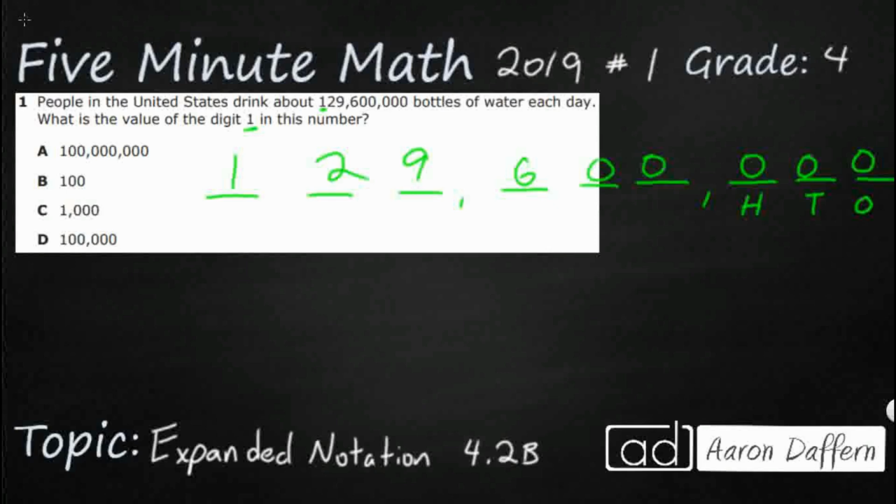So I'm always going to write an O, a T, and an H, moving from right to left, because that is my ones, tens, hundreds. Ones, tens, hundreds. And this first group of 3, you notice that each of these groups are split into 3s by commas. This is actually called the ones period. So this is ones, tens, and hundreds.